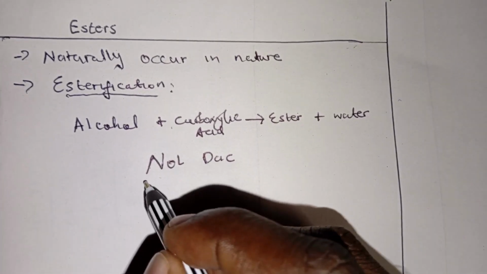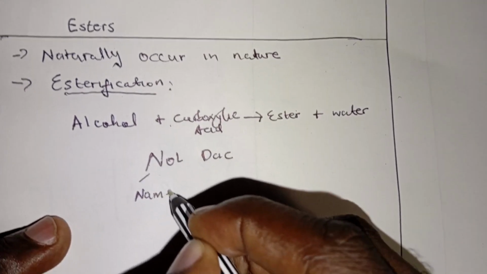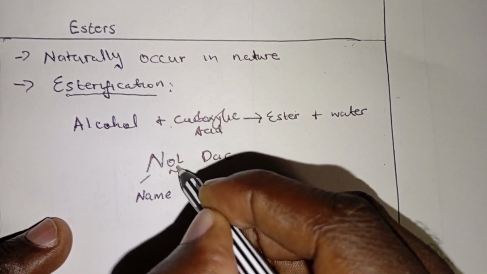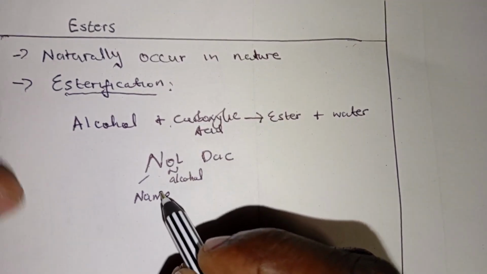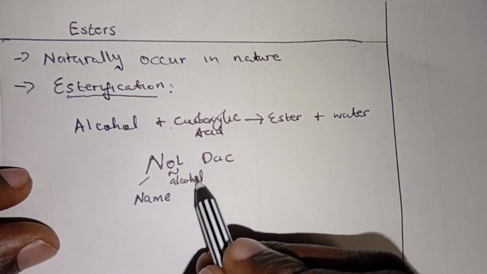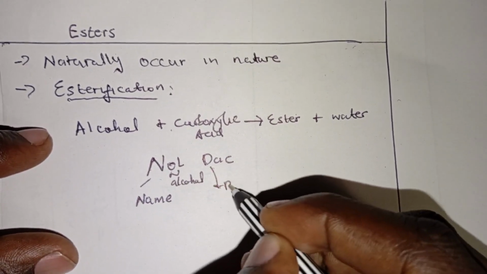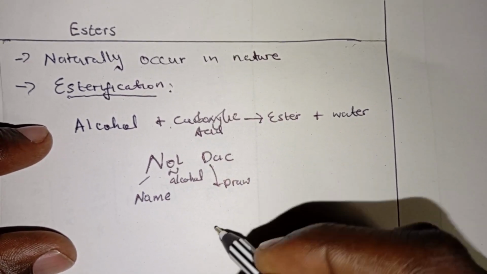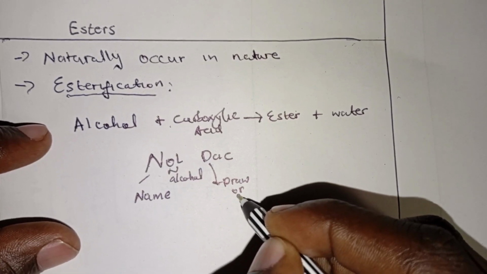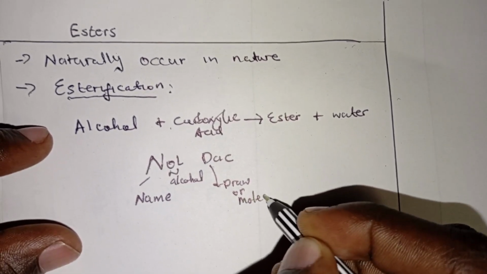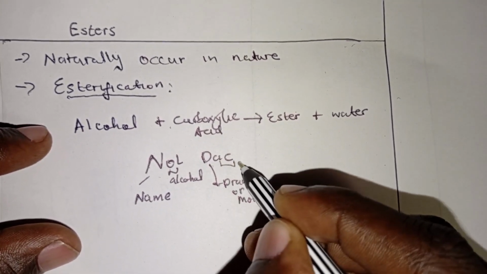The first N here means name. This one means alcohol. So when you're giving an ester a name, you start with the alcohol first. Then D, draw. When you're drawing the structure or writing the molecular formula, start with the acid first.